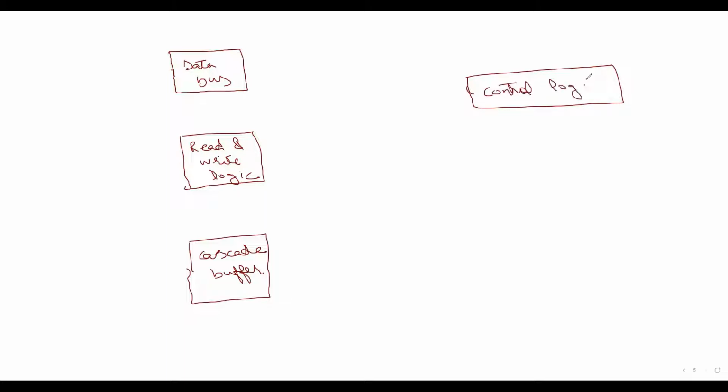So we will not only make the block diagram, but we will also explain the working of 8259A, how it works.